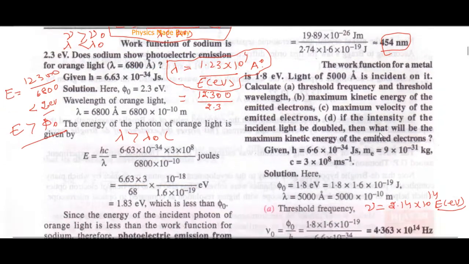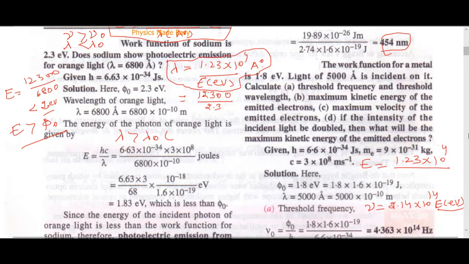Now, what he has given us: the work function of a metal is this, and light of 5000 angstrom is incident on it. From this light of 5000 angstrom, you can calculate the energy of the incident photon. First of all, you can calculate the energy of the incident photon by making use of this formula.